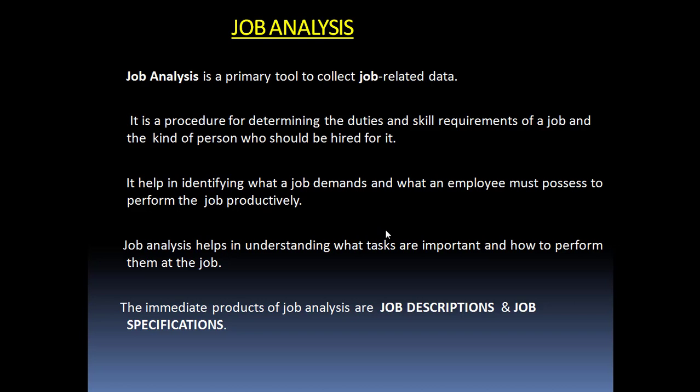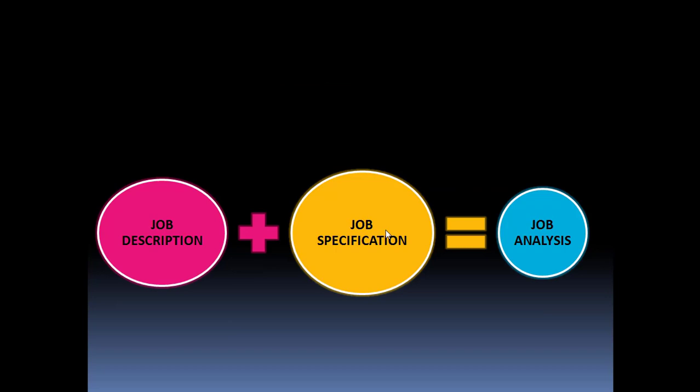So the immediate products of job analysis are job description and job specification. Now, see, job analysis, as I said, consists of job description and job specification, right? So here what we have done basically is, job analysis is nothing but the details about the job, and the details about the job have been bifurcated into two parts.